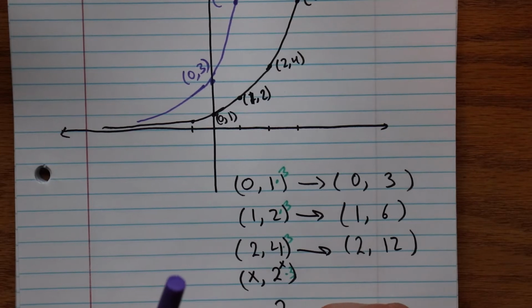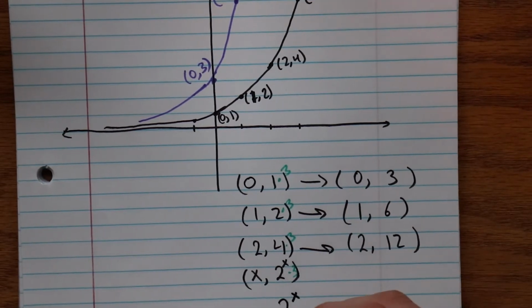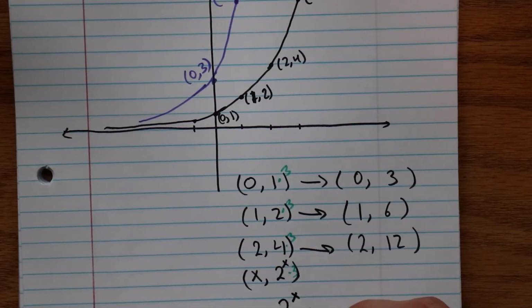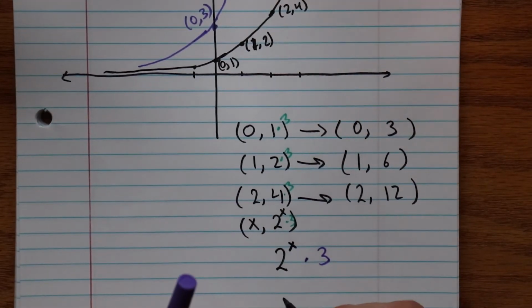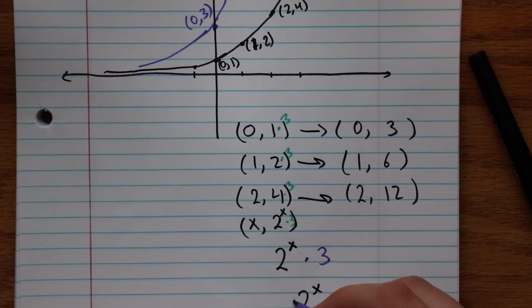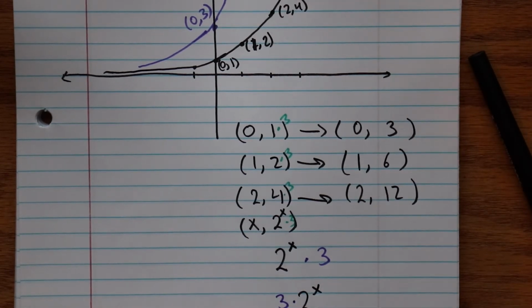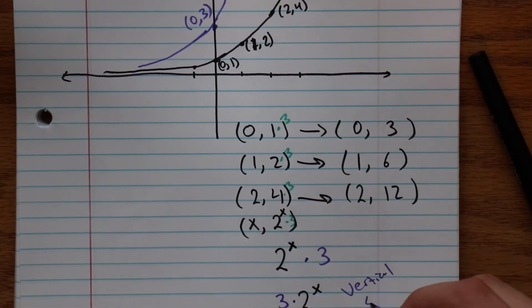Because 2 to the x is the output. You're going to times that by 3. So you could write it like this, or equivalently, you could write it like this, and I think most commonly you're going to see it like that. This would be a vertical stretch by a factor of 3.